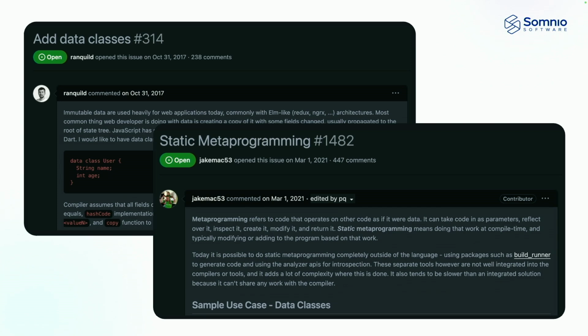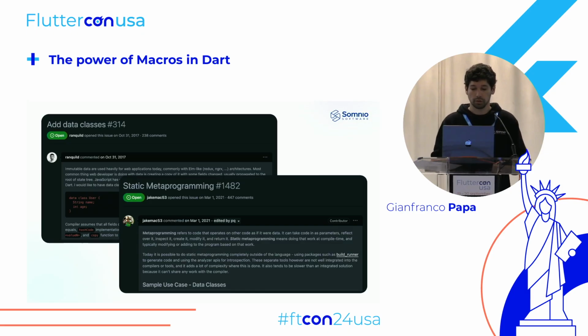Also, static metaprogramming is something the community has loved a lot, and it's really related, because one of the ways we commonly do that is by adding annotations into our code. In case you don't know metaprogramming as a term, because maybe you have used it, it refers to code that operates on other code. Commonly what we have in our ecosystem right now is Build Runner, which is closer to metaprogramming.